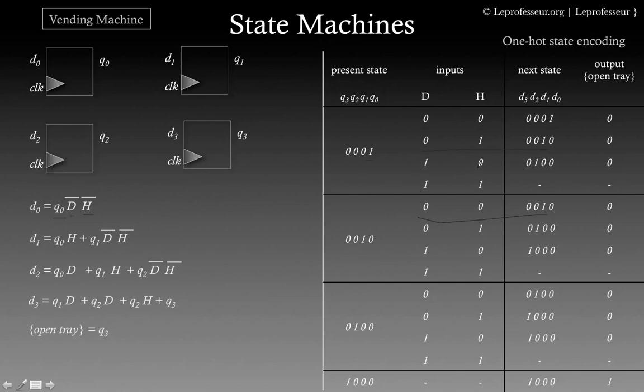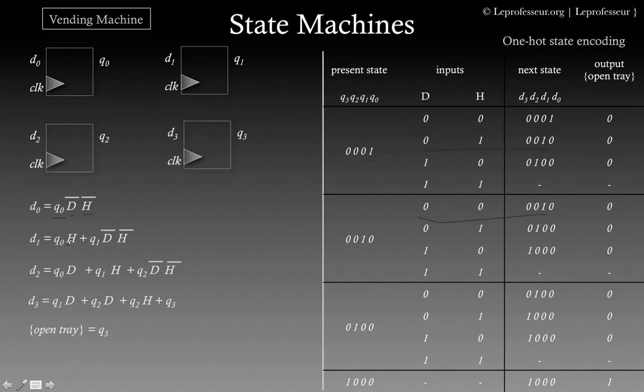Now, so Q0, here we have Q0 and H. Okay, we make use of this H. And if we consider this don't care, we don't have to think about D because it becomes now don't care.